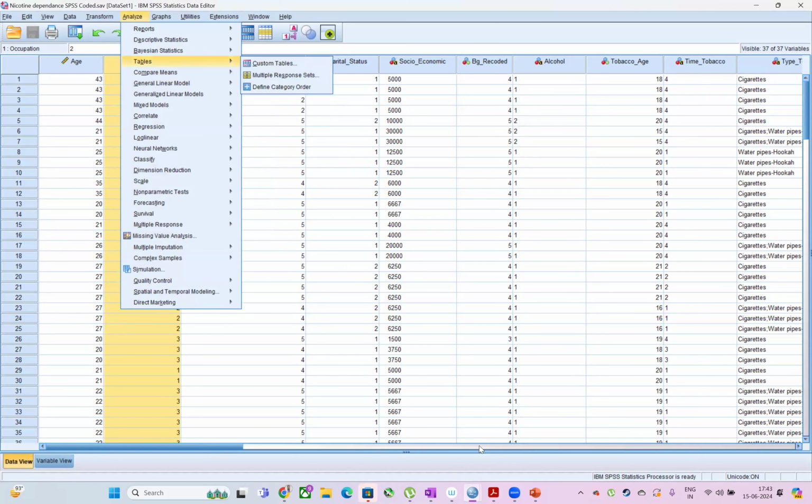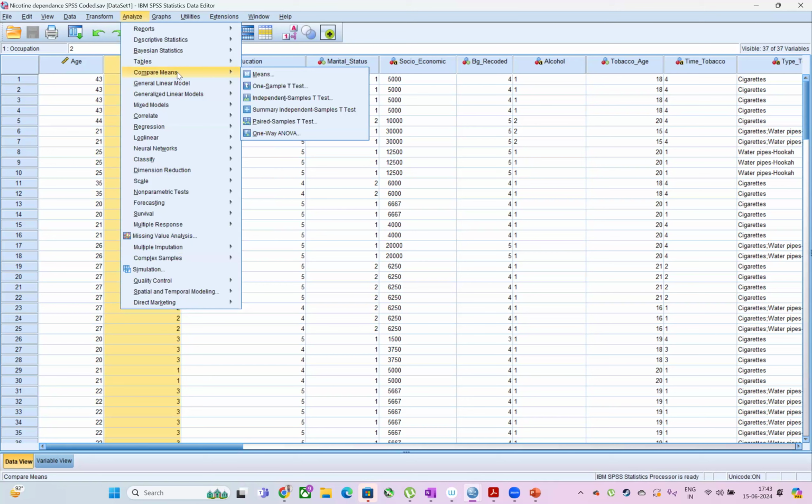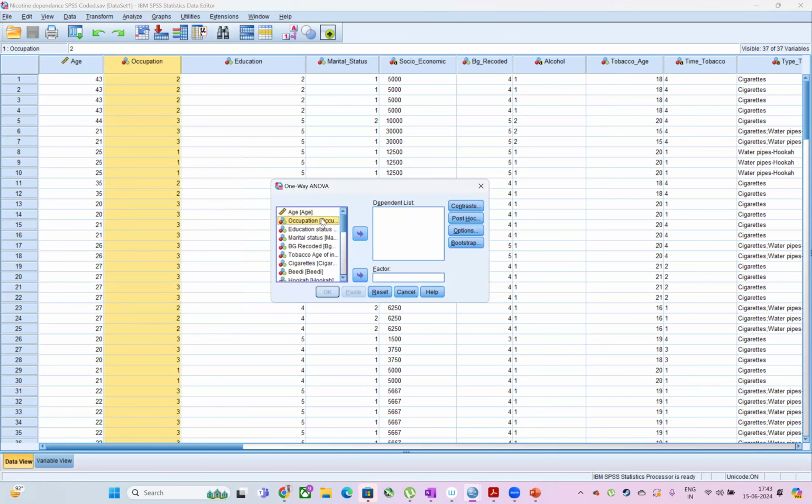So I'm going to analyze, go into compare means, and give one-way ANOVA. Here I'm going to keep the occupation over here, and the score over here.